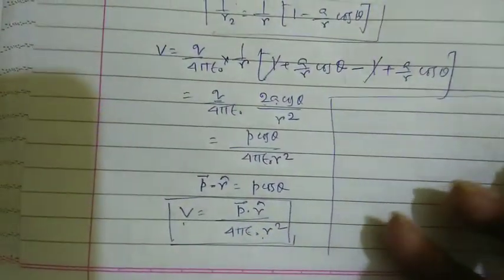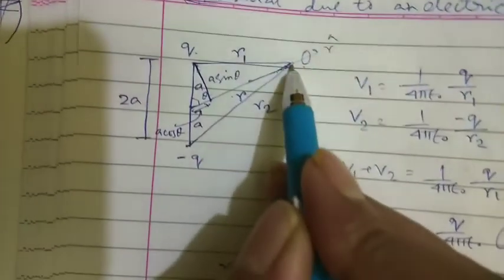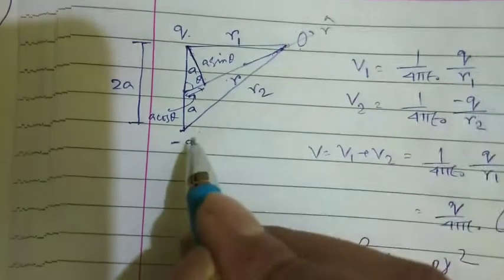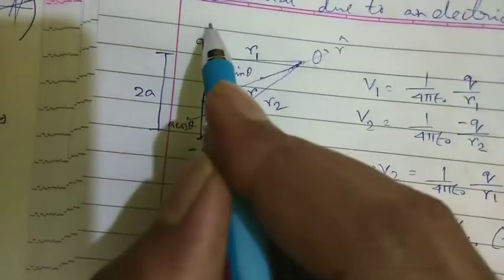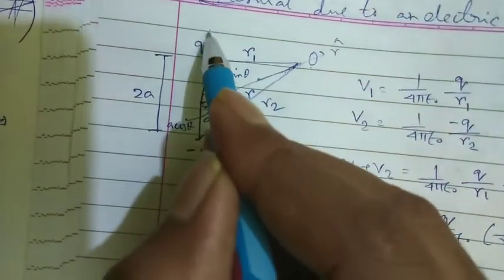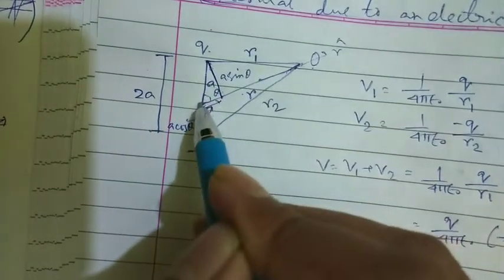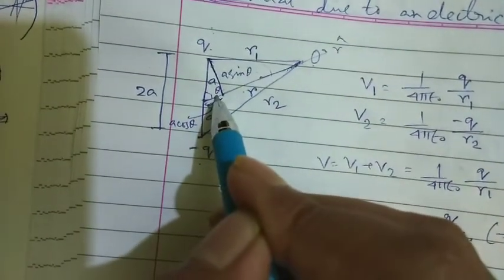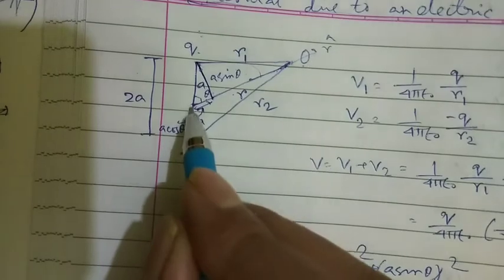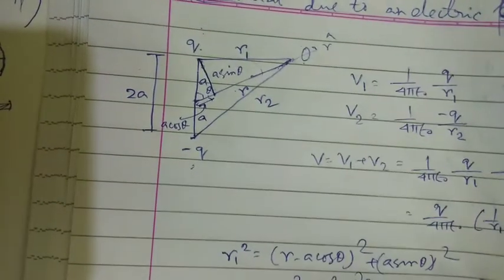If the point we considered here is say on the axis here or here, so if the point is here, this line will be here, so the angle will be 0. If the point is here, the total angle will be 180 degree, right?